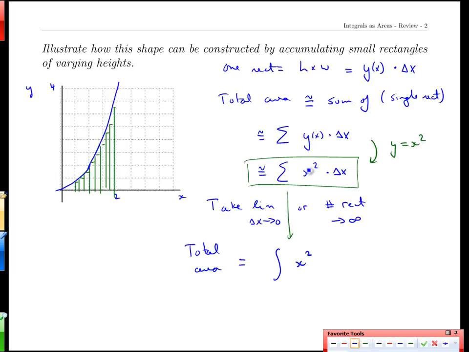The x squared stayed identical, and the delta x is replaced by what we conceptualize as an infinitely thin dx. And then we can explicitly put our limits of 0 to 2. And that's where the first and last rectangles will occur. And that is what gave us the total area of the space underneath the graph.